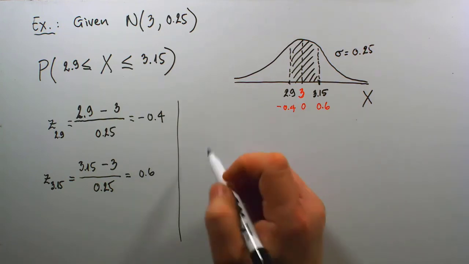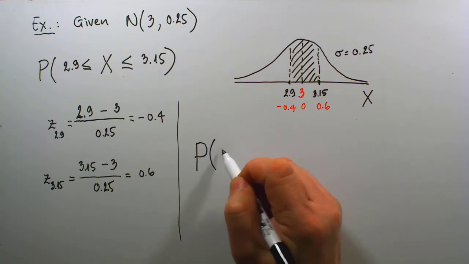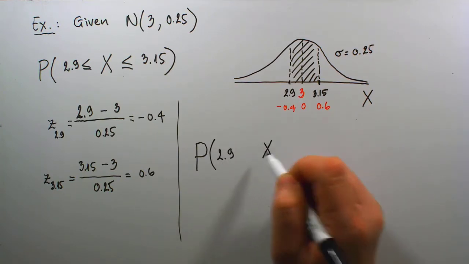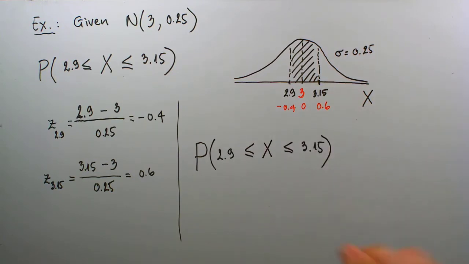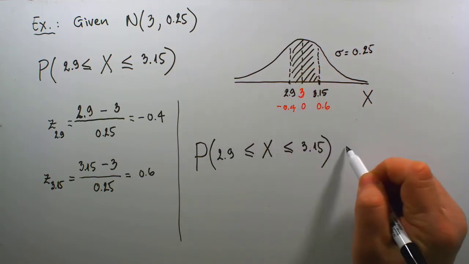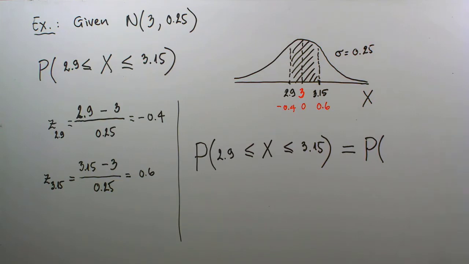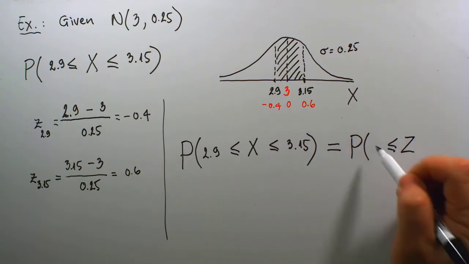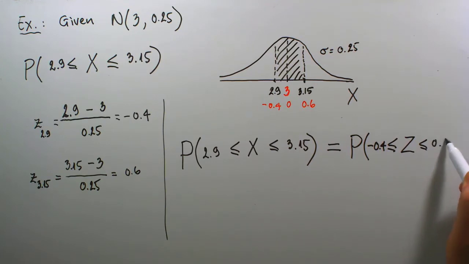My argument now is that the probability we are currently finding on this bell curve, the probability that our random variable x is anywhere from 2.9 to 3.15, this shaded area, is exactly the same as the probability that on the standard normal distribution we find a z-score taking a value anywhere from negative 0.4 to positive 0.6.